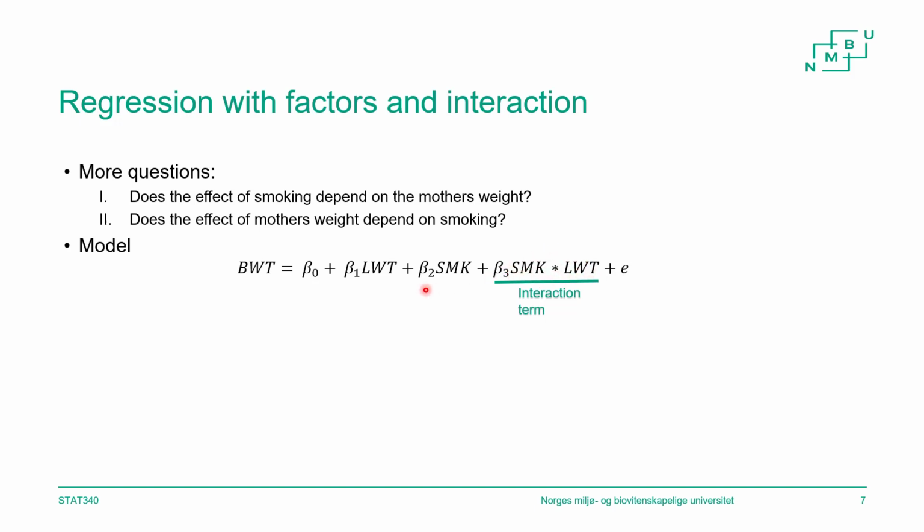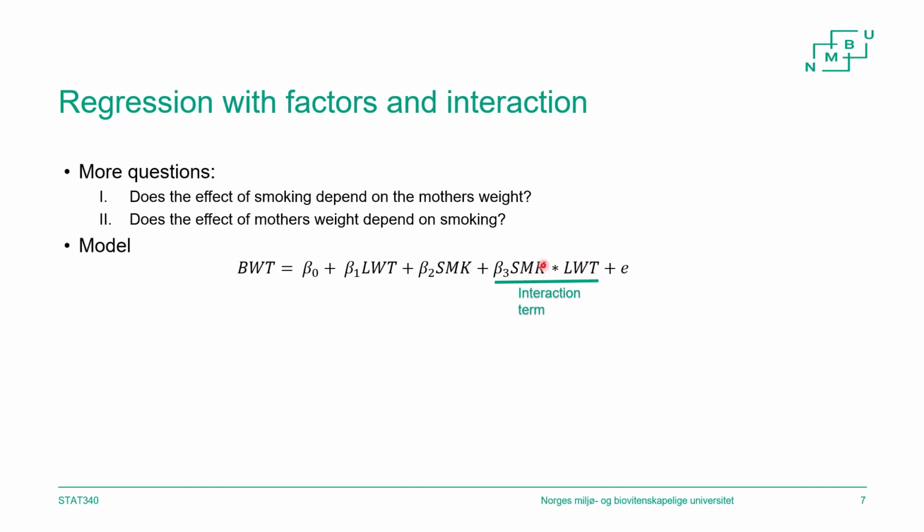It means that you have an effect of mother's weight here, you have an effect of smoking here, but now we investigate if there is also an effect, or you can put it like this: is the effect of mother's weight depending on whether you smoke or not? Or vice versa, is the effect of smoking depending on the mother's weight or not?